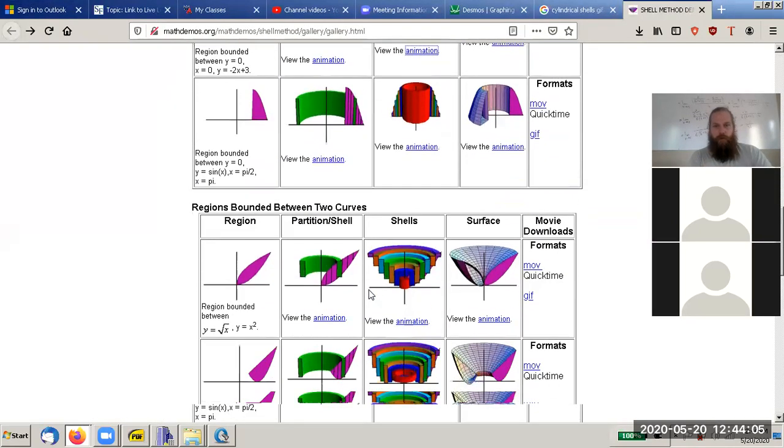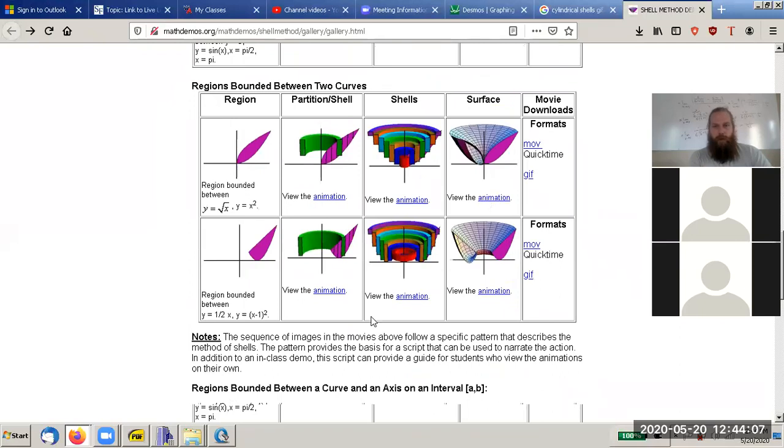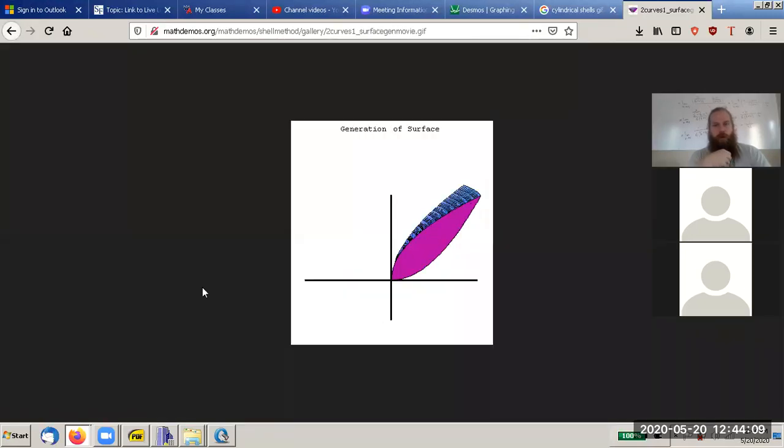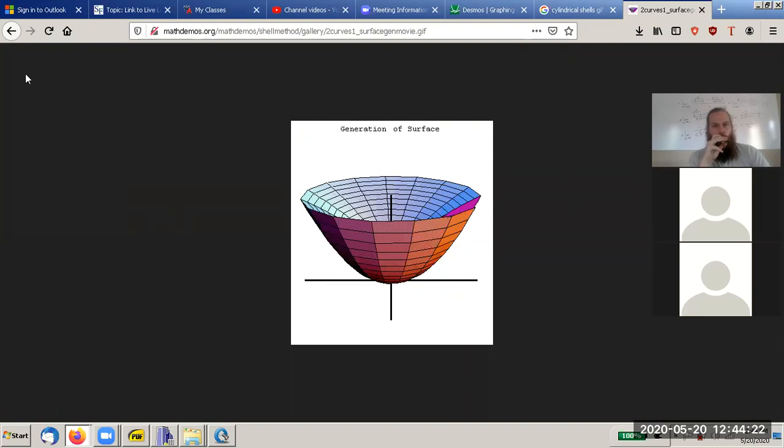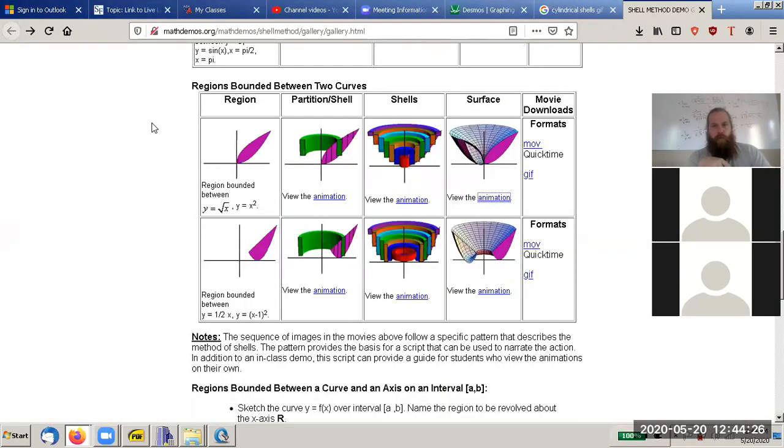The more of these you watch and the more you play with these things, I think the easier it will be for you to see what's going on. So here he's doing it without the strips. He's just rotating that region, and he's going to give us a nice picture of the solid. And then if we want to see what happens with the strips for that particular solid, that was this.